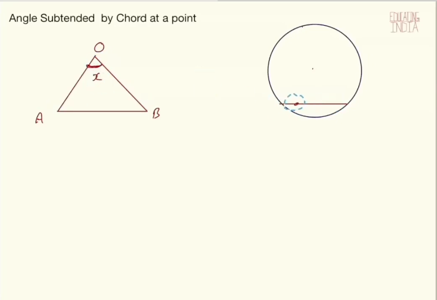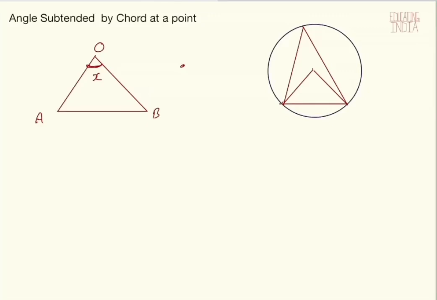In a circle, this chord can subtend an angle at the center as well as an angle on the circumference. See how? This is the angle subtended by the chord at the center, and this is the angle subtended by the chord on the circumference.